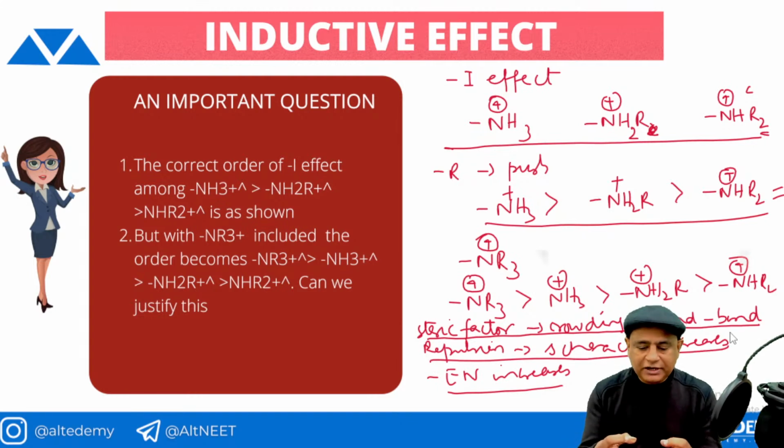Species come into a small place and try to repel each other. When they repel each other, their size starts shrinking. S is comparatively smaller, so their S character gets increased, and then electronegativity increases. And when the electronegativity increases, it further adds to the concentration of positive charge. And that is why this is the order that takes place.